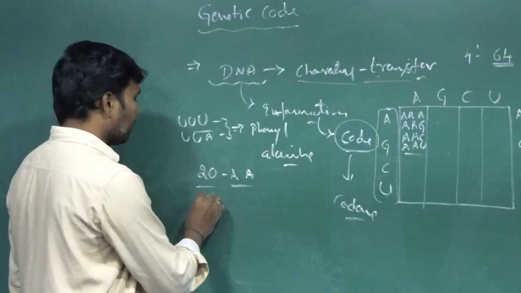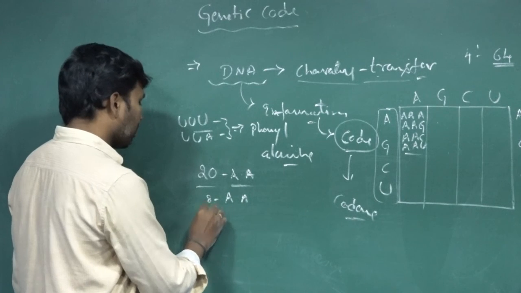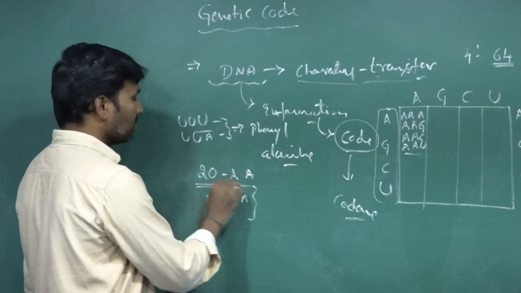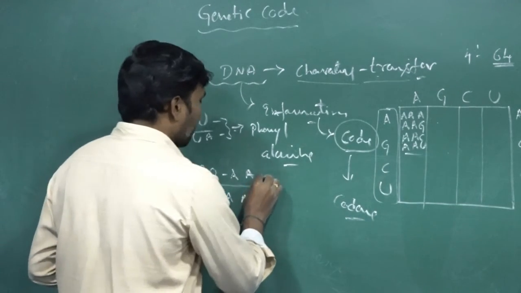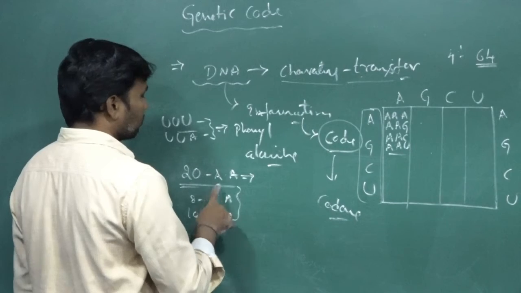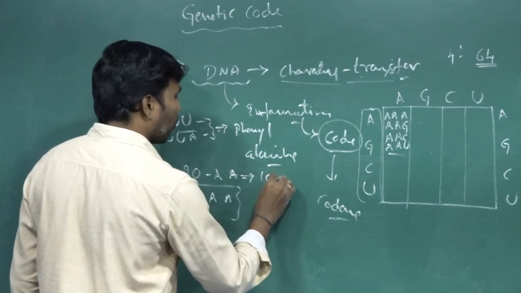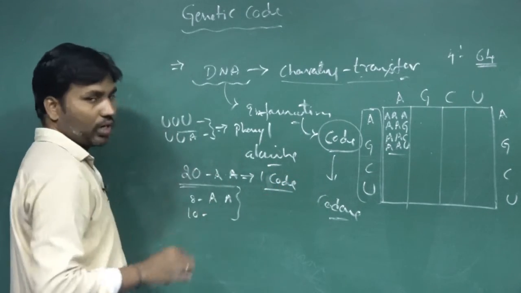Among them, 8 are essential and the remaining 10 are non-essential. Of these 20 amino acids, some are coded by only one codon. They are coded by only one codon.